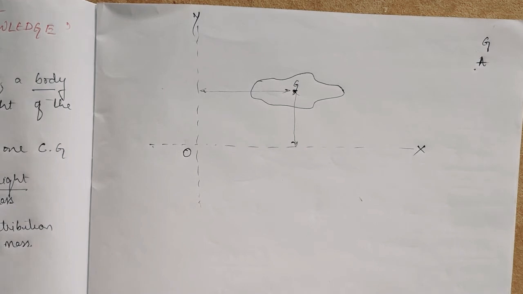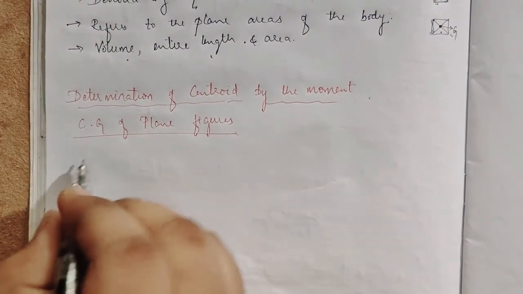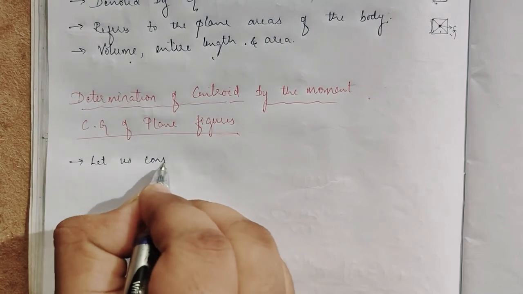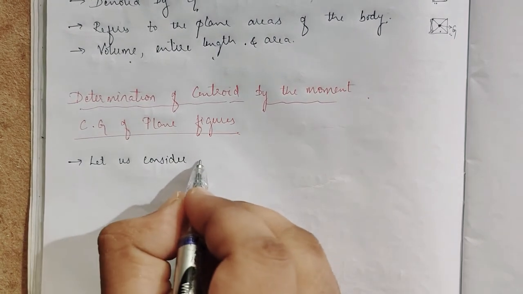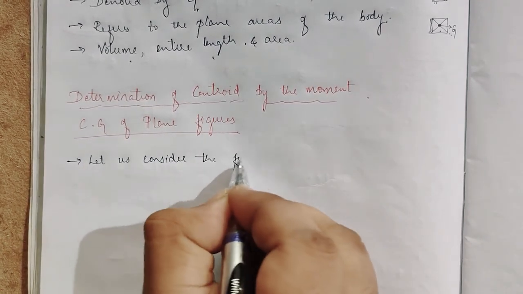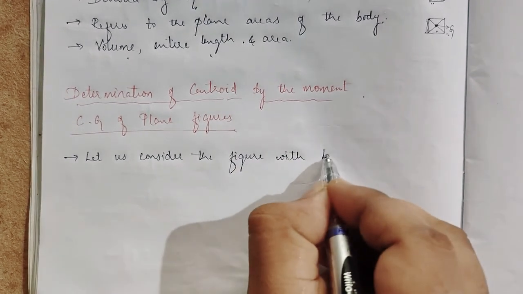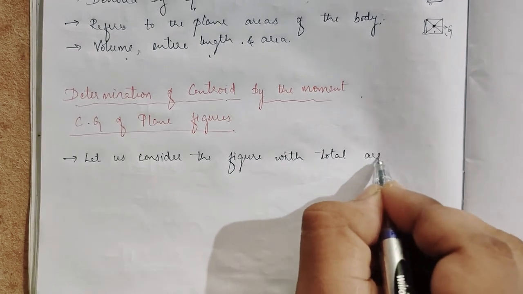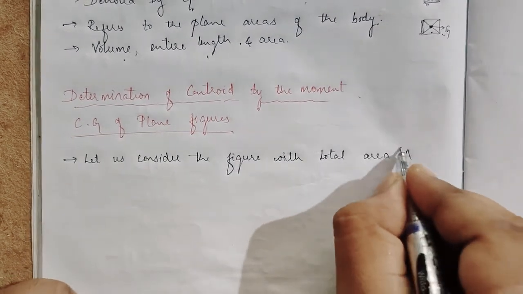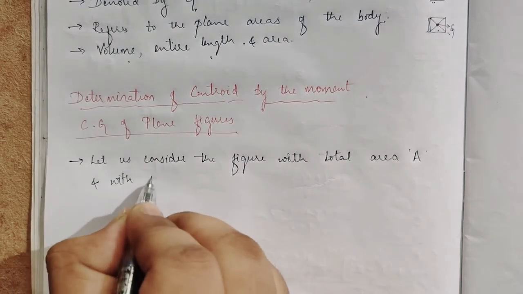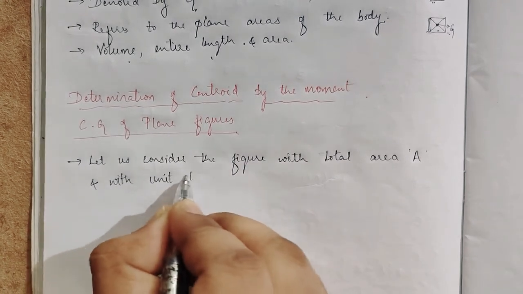I'll derive it now. So first of all, we write what we have taken. Let us consider the figure with total area A, and with unit thickness, meaning the thickness is constant.